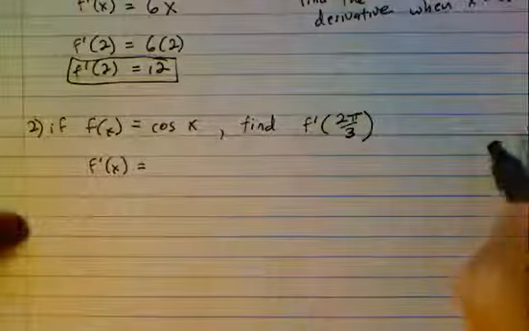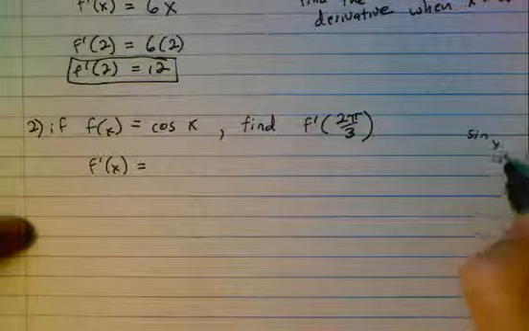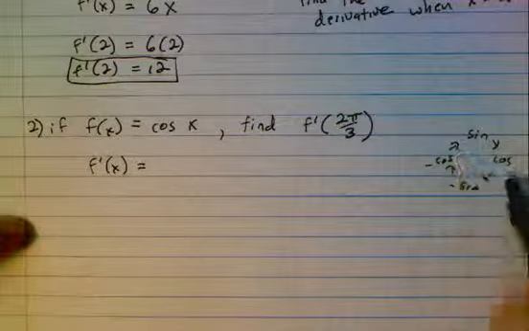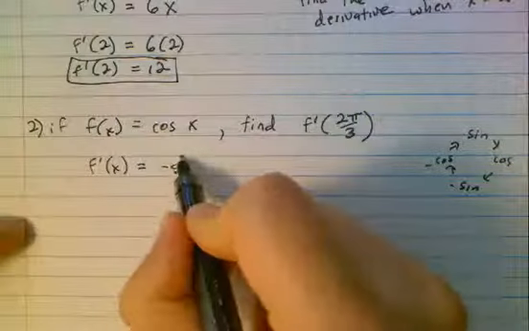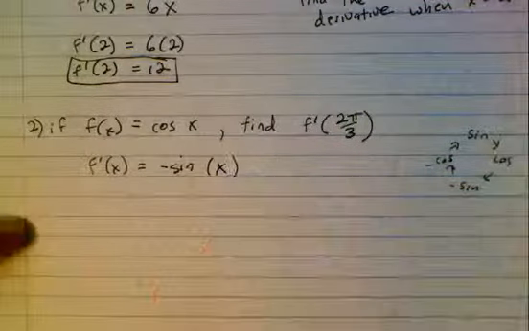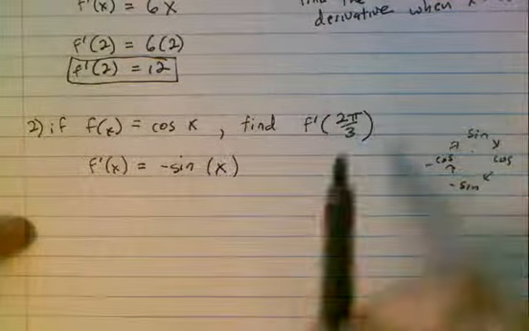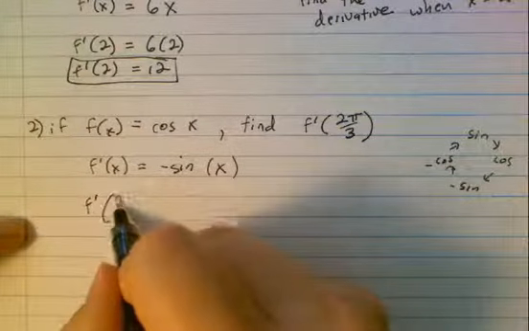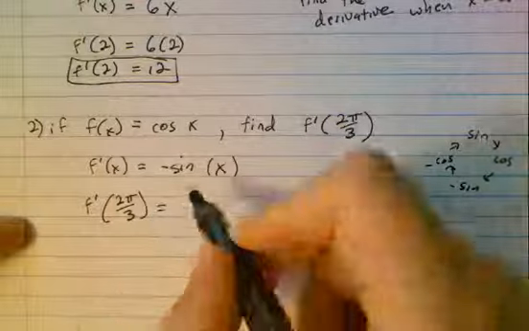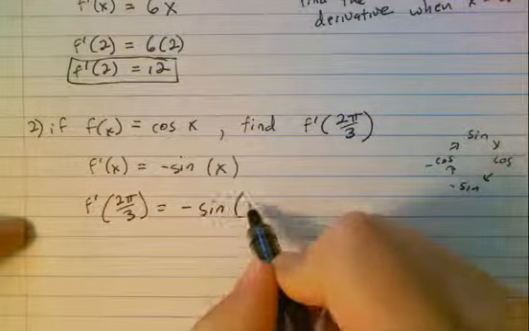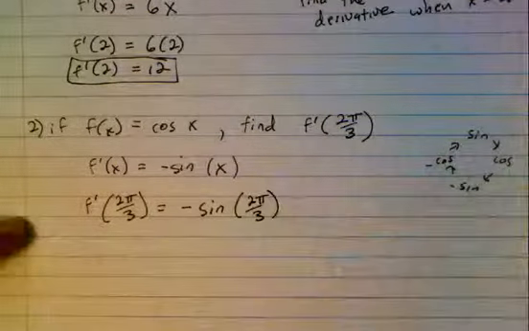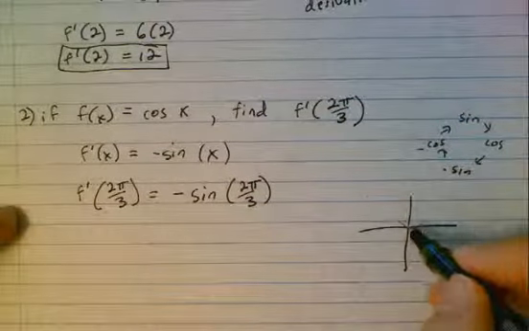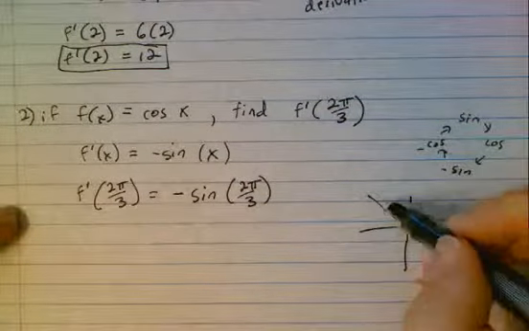We just kind of have to remember sine, cosine, negative cosine. So the derivative of cosine is negative sine of x. We said we want x to be 2 pi over 3, so the derivative when x is 2 pi over 3 is going to be negative sine of 2 pi over 3. Now we just have to be able to find that by hand, so we sketch our angle. This is 2 pi over 3.